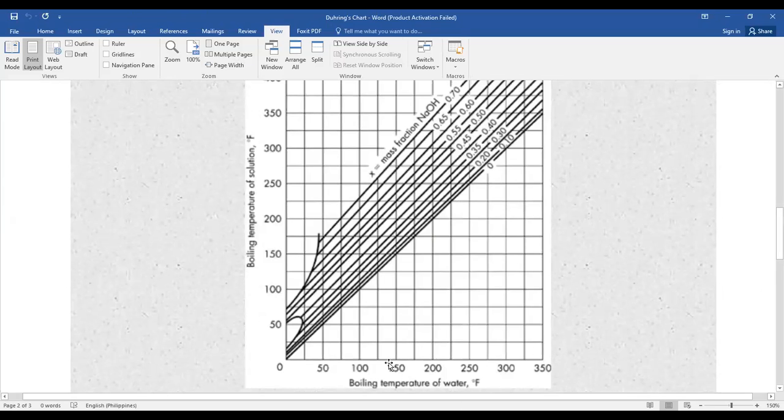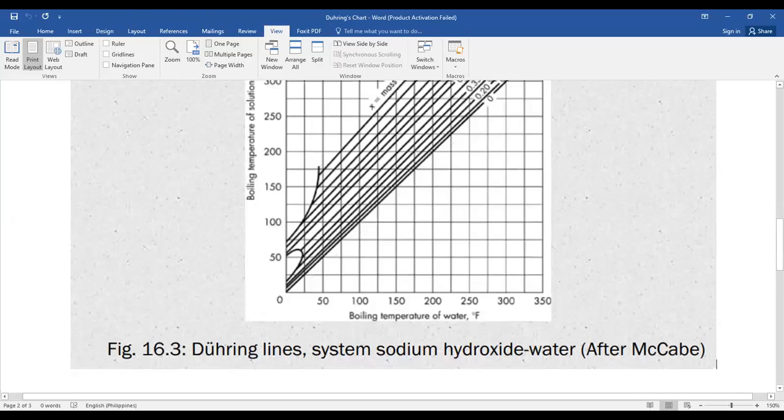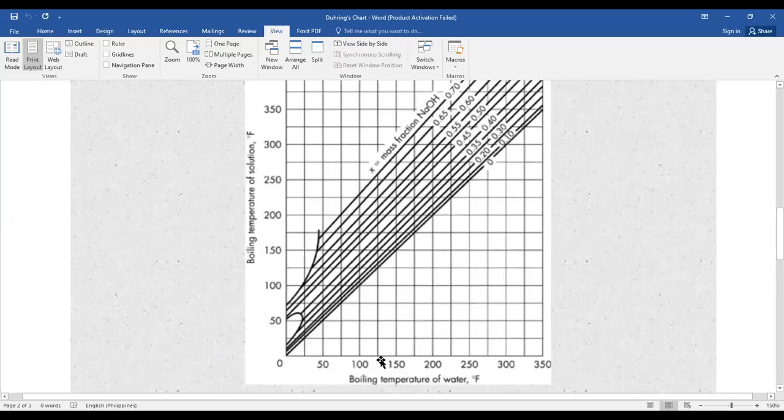So you have a 124 here, and you go up until you reach the 0.5. This is the 0.5. Go down until I have the 1. This is 125. I'll go a little bit below that. And then read here the corresponding boiling point of the solution.